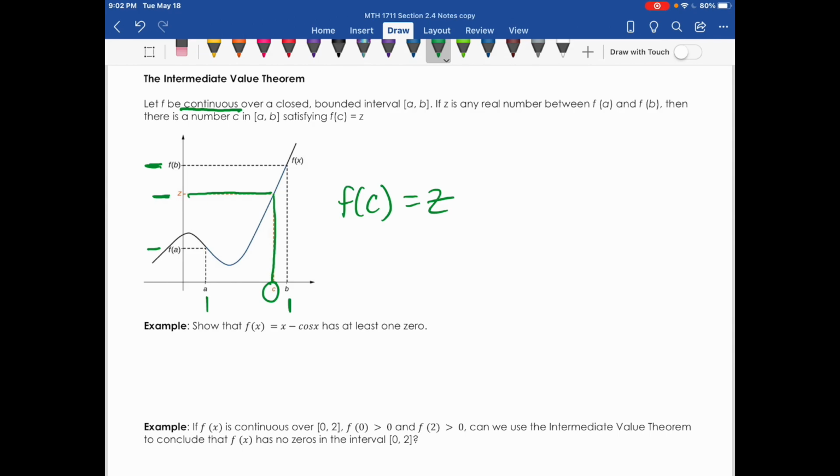Here's an example of why it possibly couldn't work if it was not continuous. Let's say I gave you this picture, a, b, and so this is f of a, and I'll say that this is f of b. And let's say the picture looks like this.